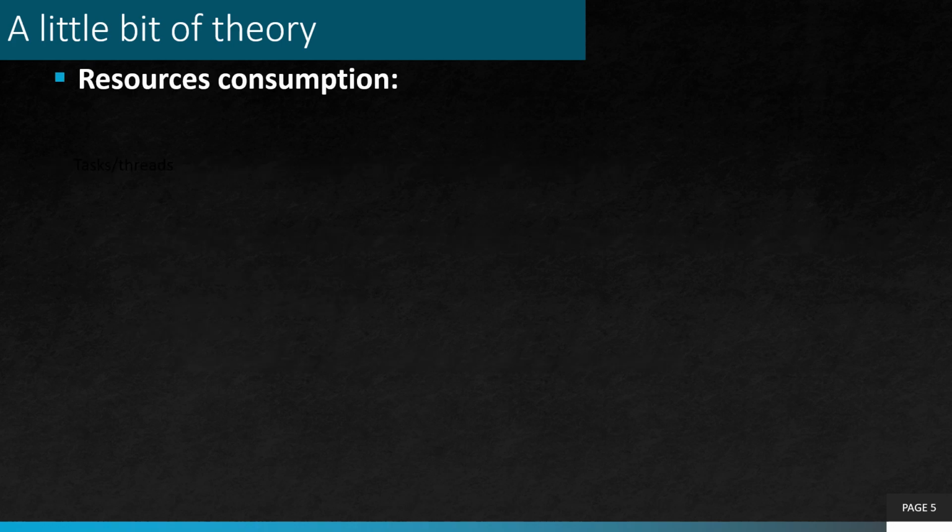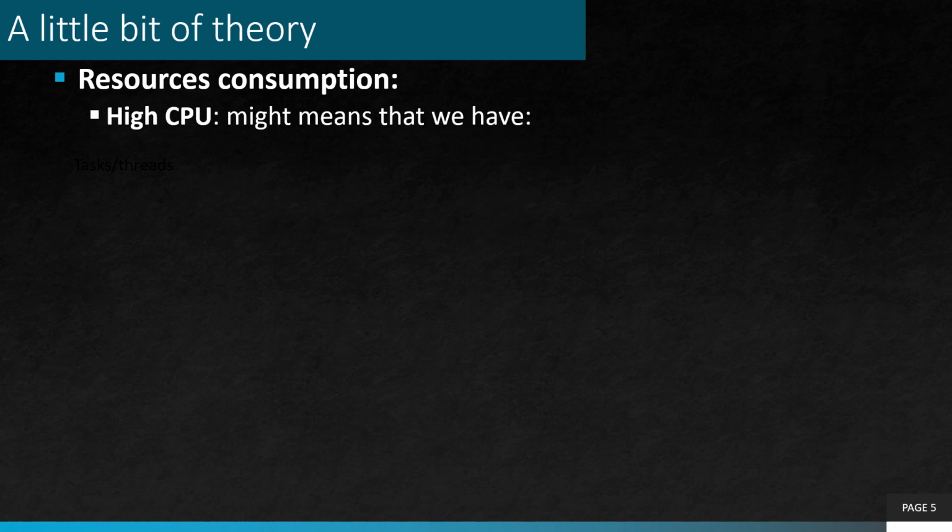As we mentioned before, what are the key components that we need to review when we are talking about resource consumption? Well, the first thing is to review if we have high CPU.